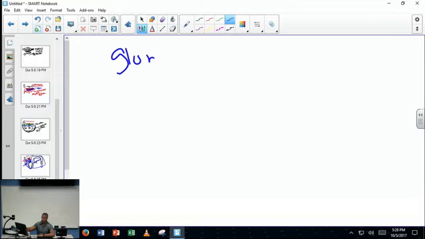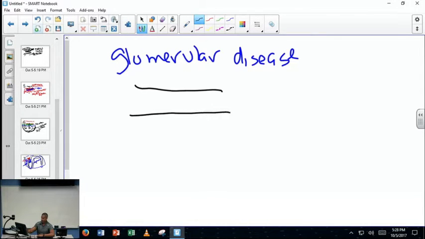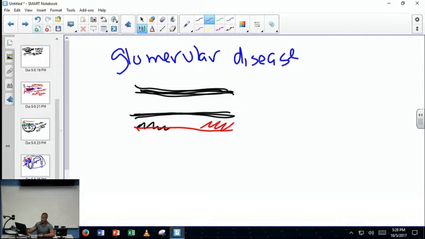So now let's do glomerular disease. Your glomerulus, again, has 3 layers. That's the glomerular capillary endothelium, the basement membrane, and your podocyte.